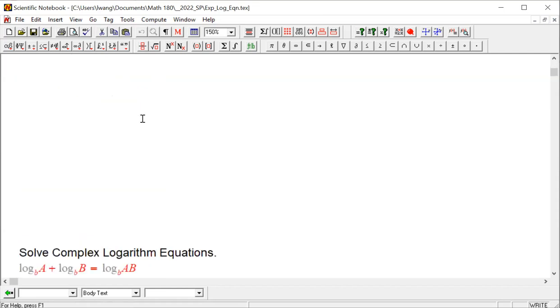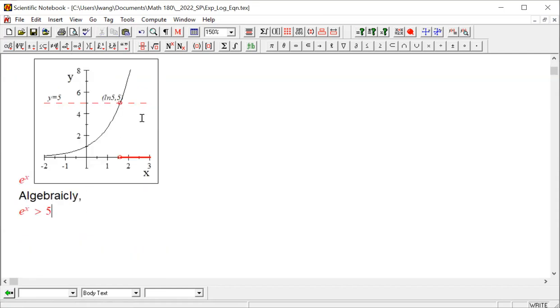You still view it as input and output, right? But 5 is equal to what? It is e to the power of what? ln 5, right? e to the power x is an increasing function. Increasing function means when the input is larger, the output e to the power x is larger than the other one.